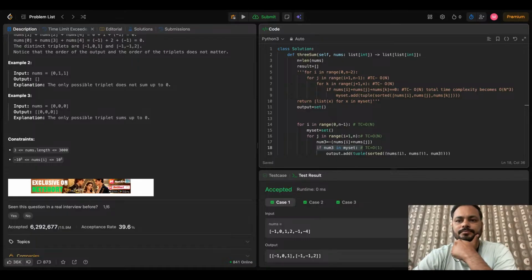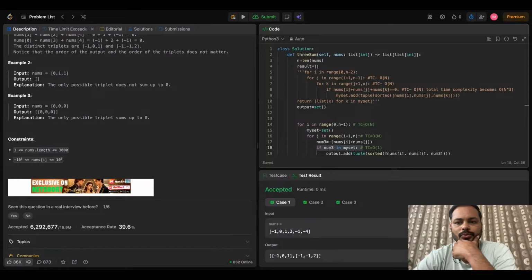Now we have got our answer correct, but there is still some possibility of improving the time complexity.